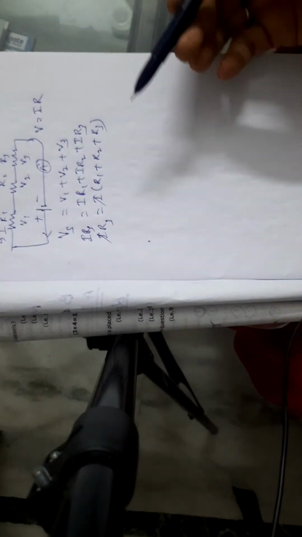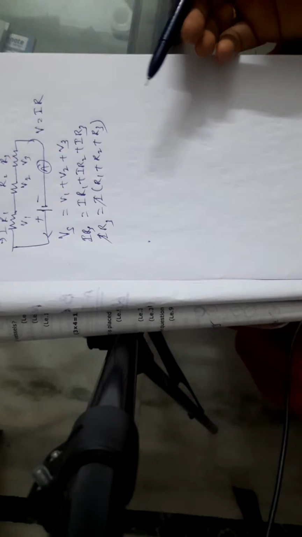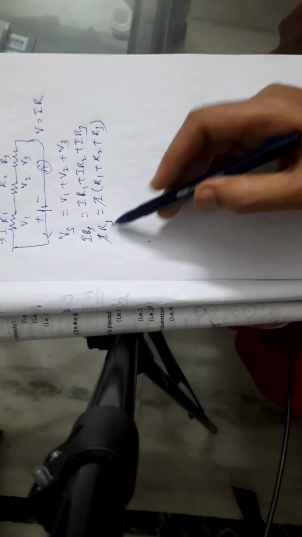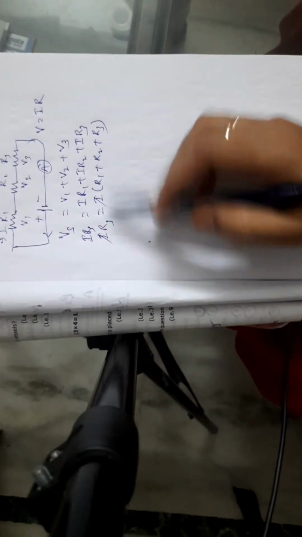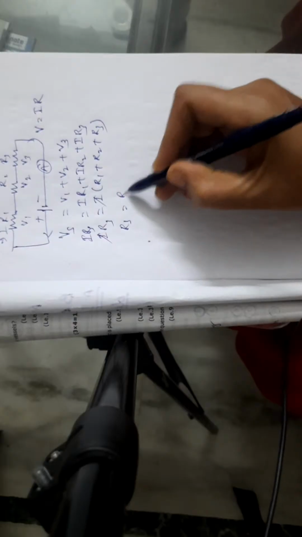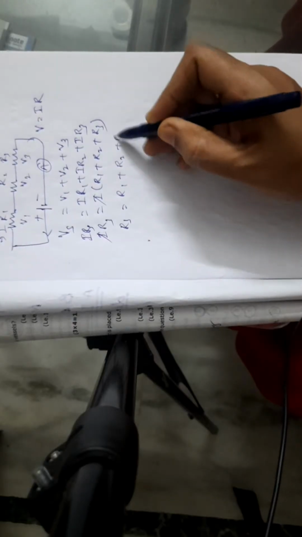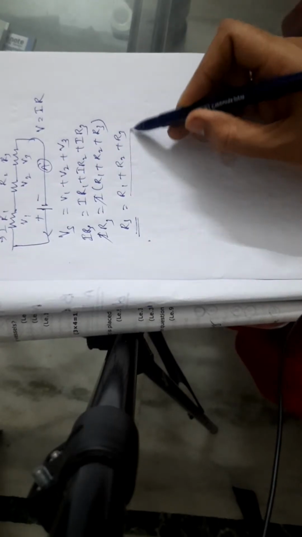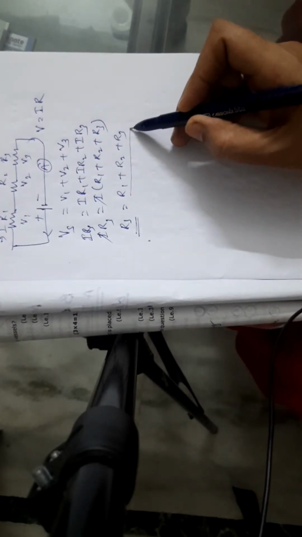So let the first resistor have potential difference V1, the second V2, the third V3. And finally, after completing this derivation of resistance in series, you need to write the conclusion point: resistance in series is equal to the sum total of all the individual resistors.